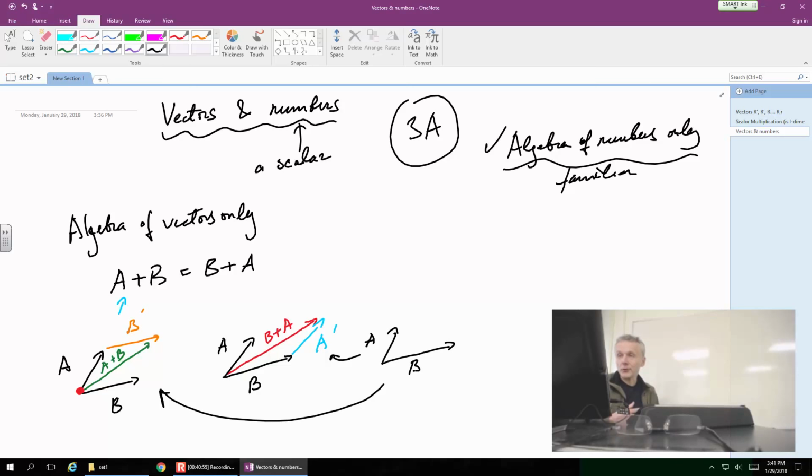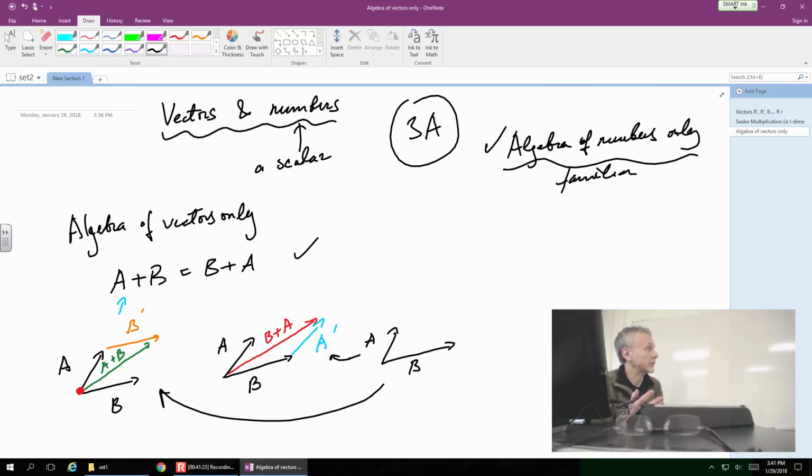Okay, so this one is true. I wrote the equation that looks like we know it should be true for numbers. Now we can justify that it's also true for vectors, and this geometry explains why. So the picture seems to be convincing, but can you say anything to comment on the picture to confirm that it is indeed the same thing?